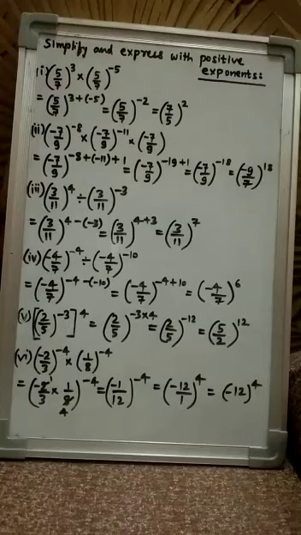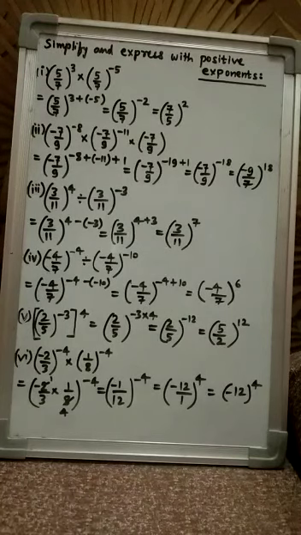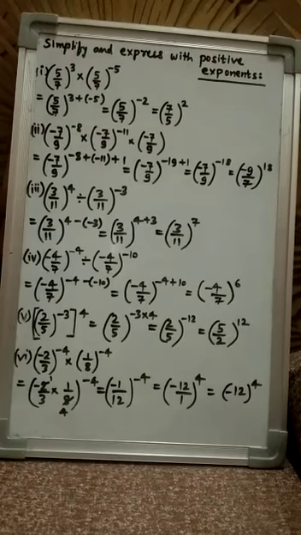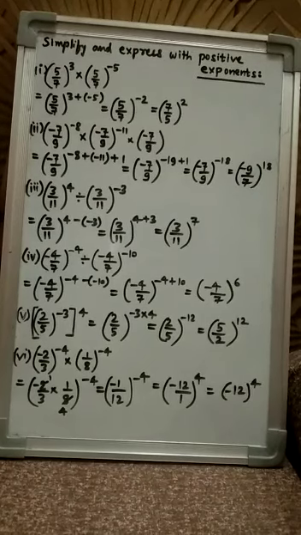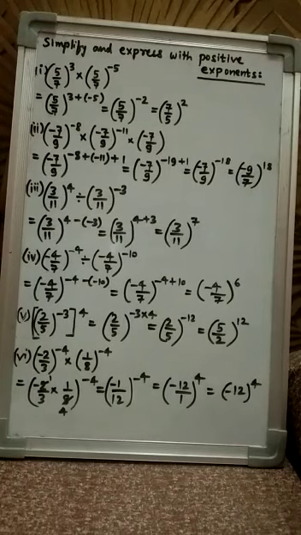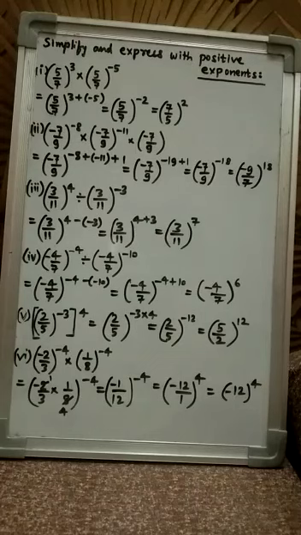Next example, you can see whenever the base is different and the bases have same powers. Here you can see the bases are different, minus 2 by 3 and 1 by 8, but have same powers, minus 4 and minus 4. In that case, the bases are multiplied together and outside we will write the same power just once.